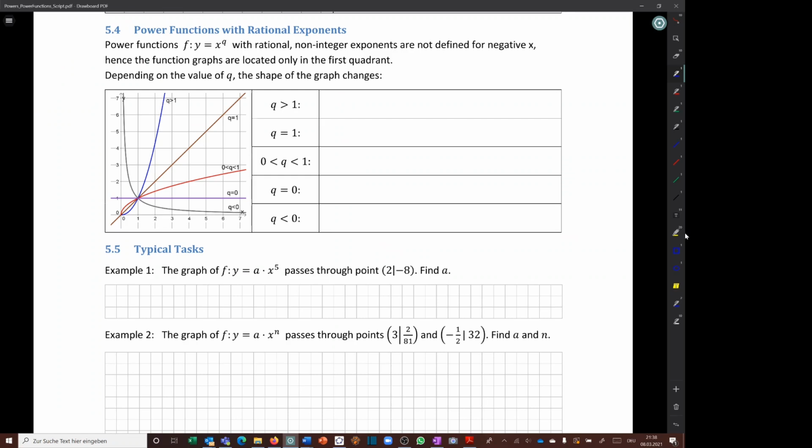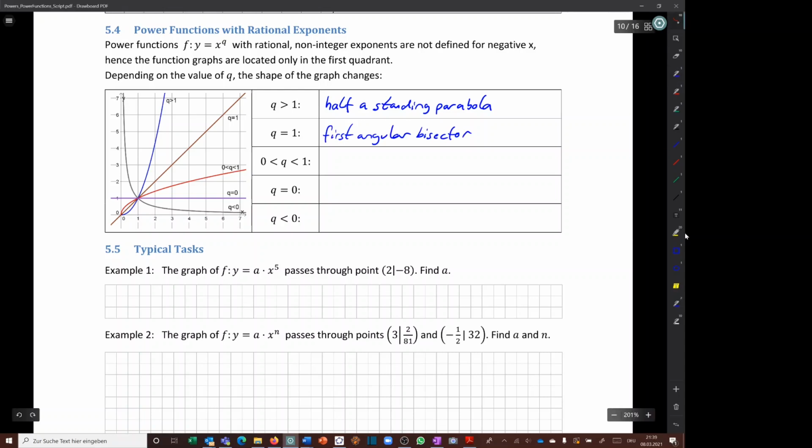So let us complete this in our script. When q is larger than 1, as in this case here, we get half a standing parabola. For q equals 1, we have y equals x, so we get the first angular bisector, the erste Winkelhalbierende.